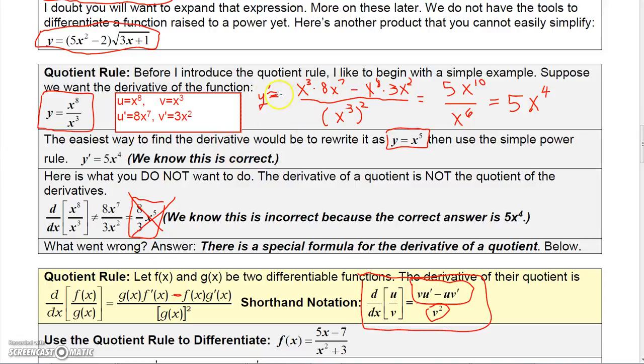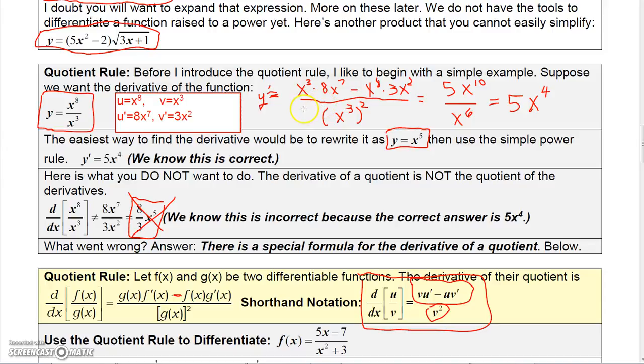Well, using the shorthand rule, v u prime is x cubed times 8x to the 7th, and then minus u v prime, x to the 8th times 3x squared, and then all divided by v squared, and v is x cubed, so that would be x cubed quantity squared.